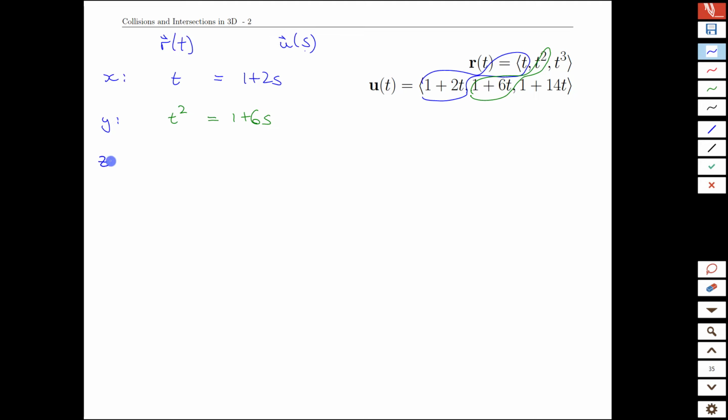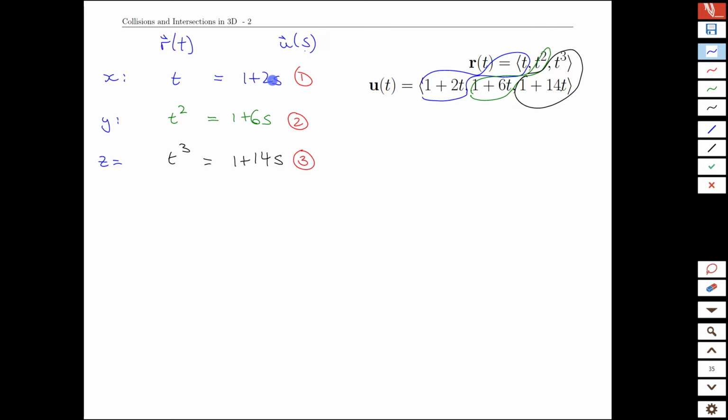And last but not least, we're going to have our z's, and they are going to involve t cubed and 1 plus 14 somethings, s's again as well. And there we are. These are the conditions which, if we can find a solution, represent an intersection between the 2 paths. Let's see how we can work through this.